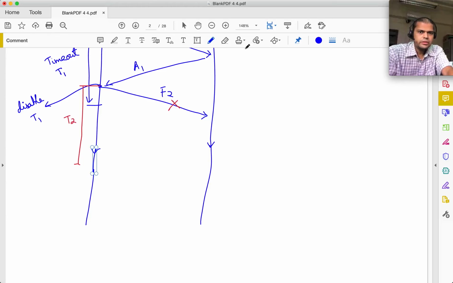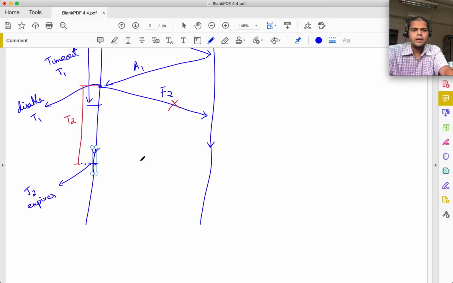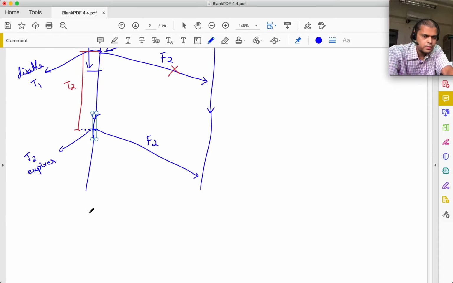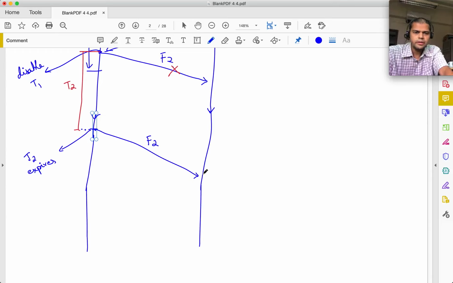So the sender is going to keep waiting until this timer expires. And what it could do is resend the frame. And let's say that this time the frame gets through and the acknowledgement was sent.